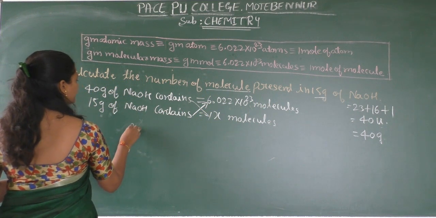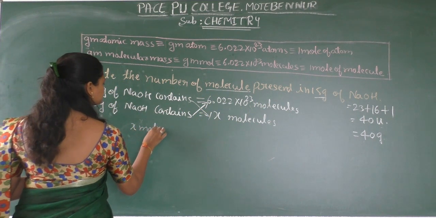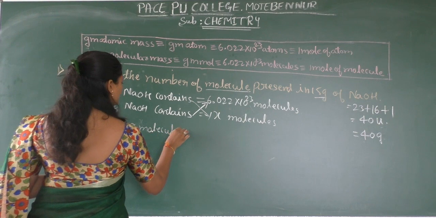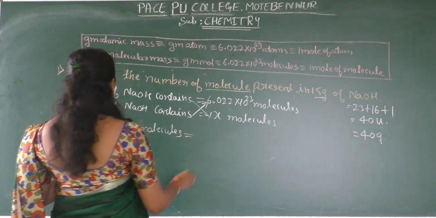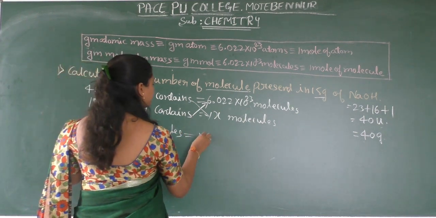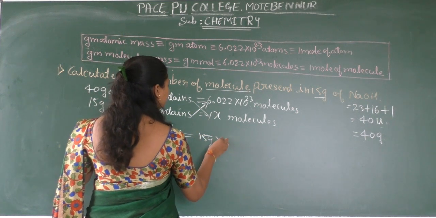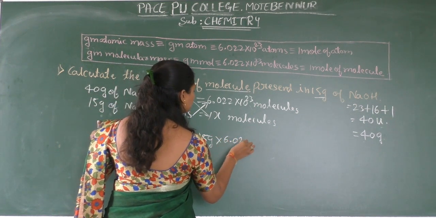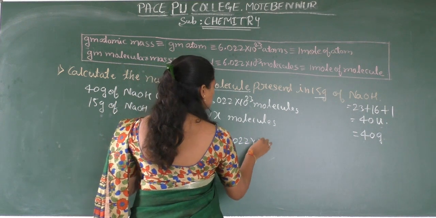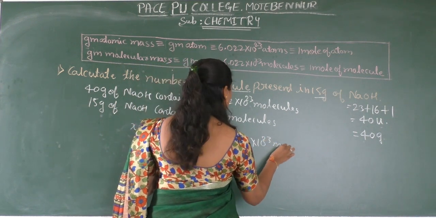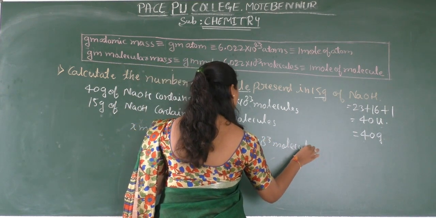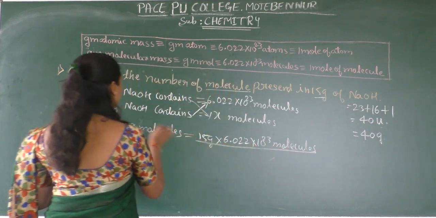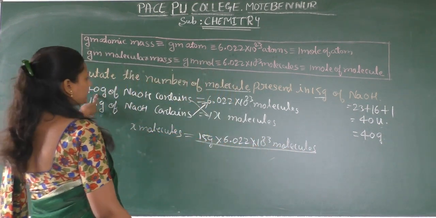Okay, so here X molecules is equal to 15 gram into 6.022 into 10 raised to 23 molecules divided by 40 grams.